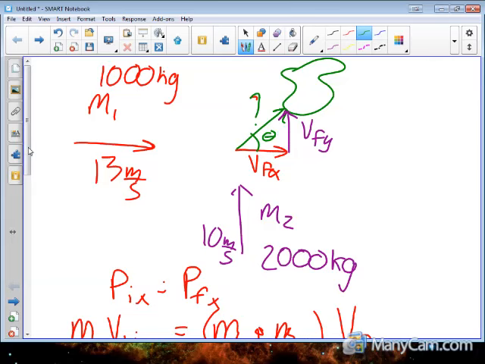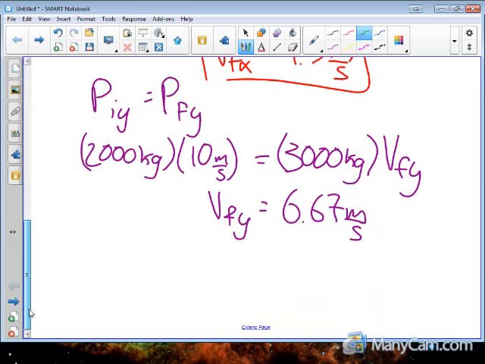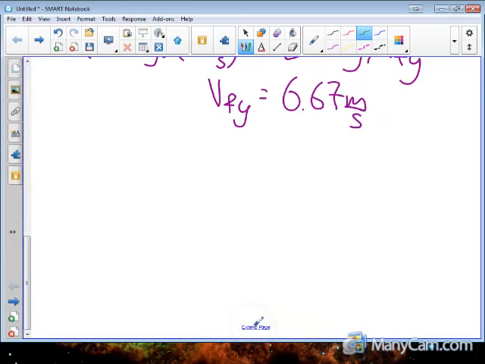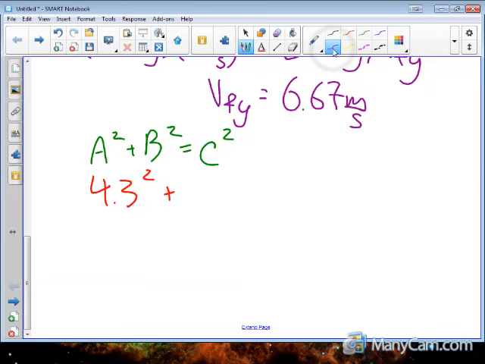We'll figure that one out first. It's just a squared plus b squared equals c squared, Pythagorean theorem. So you plug in VFX was 4.3, so 4.3 squared plus purple was 6.67 squared equals green c squared.